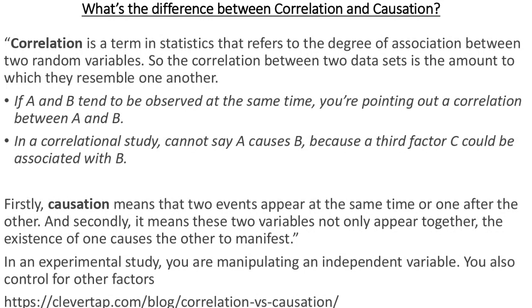And then you have to control for other variables. So that might be difficult to do in an experimental study. But if you think of an experimental study, you're manipulating an independent variable and looking at cause and effect, and you're controlling for other factors. Whereas in a correlational study, you're not controlling for other factors and you're not manipulating an independent variable.